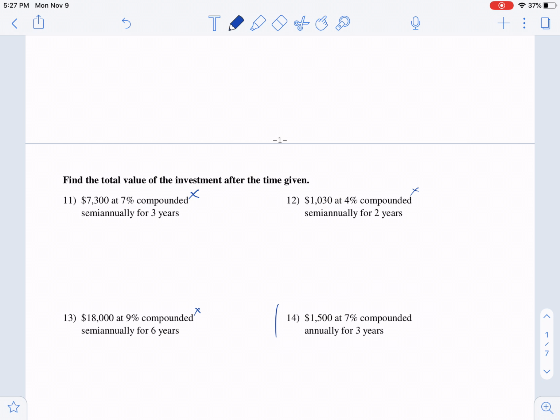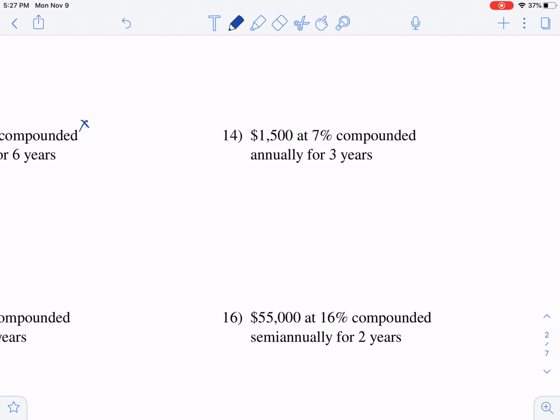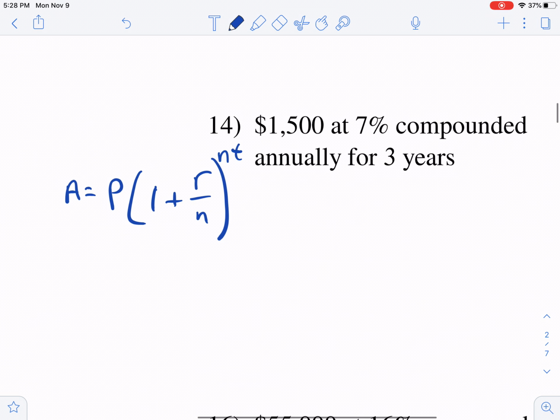So, what is the formula that we are using? The formula for compound interest is A equals P times 1 plus R over N, to the NT.